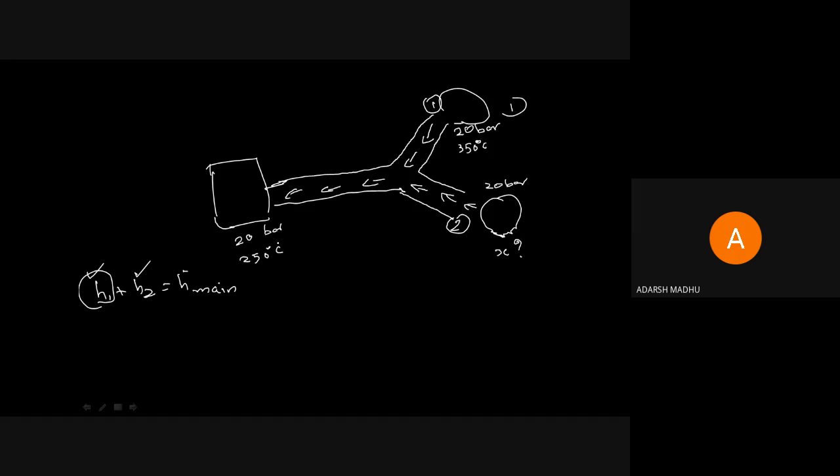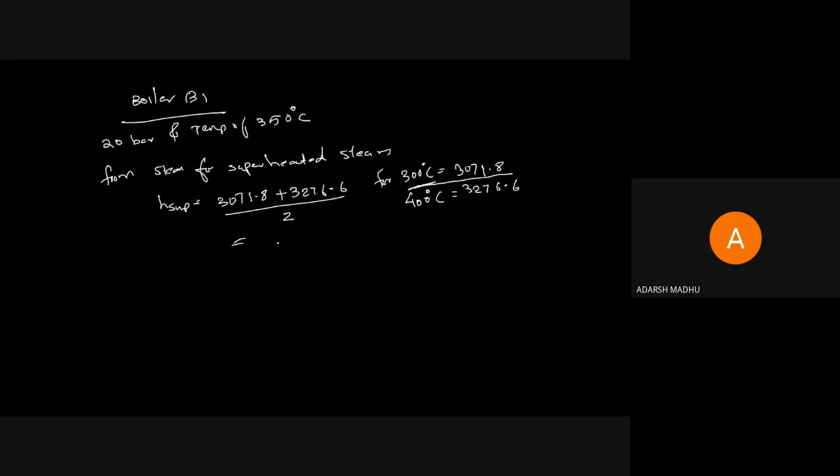To find the value for H superheat, we have an equation: H superheat equal to HF plus HFG plus Cp into T superheat minus Ts.